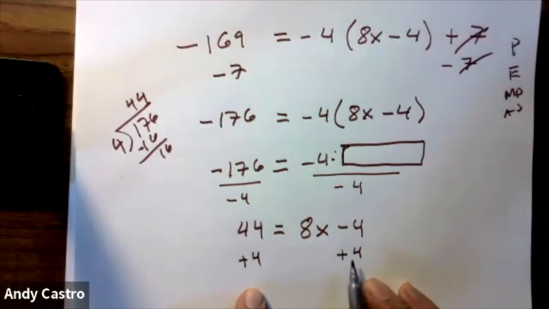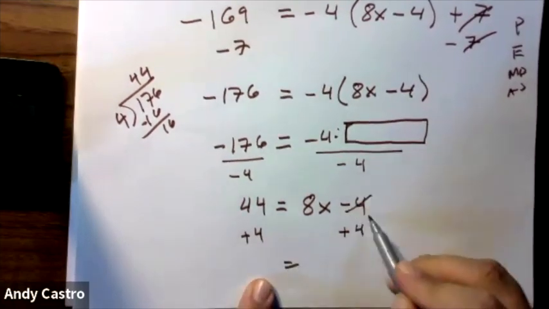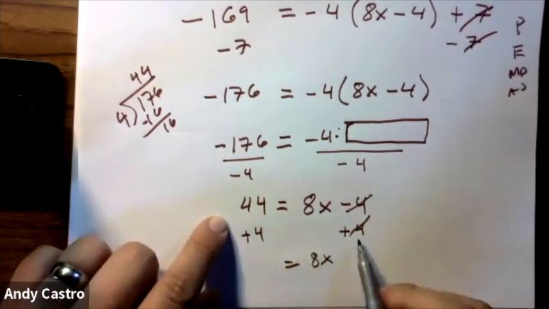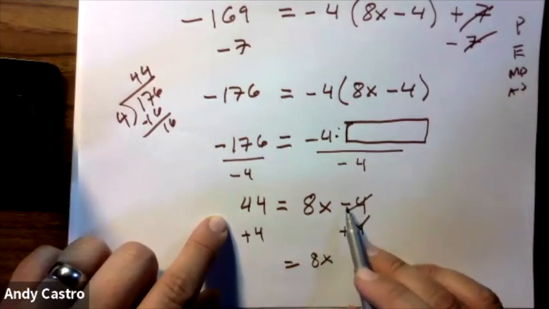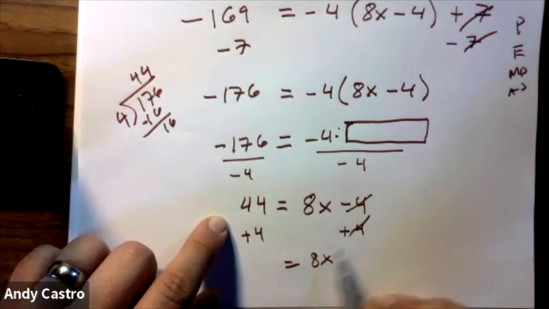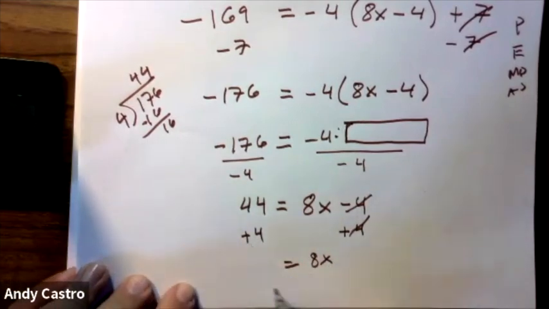Okay, so if I subtract 4 from this side here at 8x minus 4, it gets rid of the 4's, and I'm left with 8x. If I subtract, I'm sorry, I'm not subtracting, I'm adding, because I already have subtraction. It's already 8x minus 4, so I'm adding 4. That leaves me with 8x. And then I'm going to add 4 here. 44 plus 4 is simply 48.